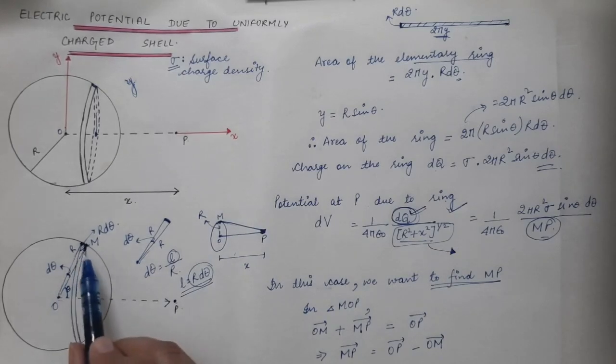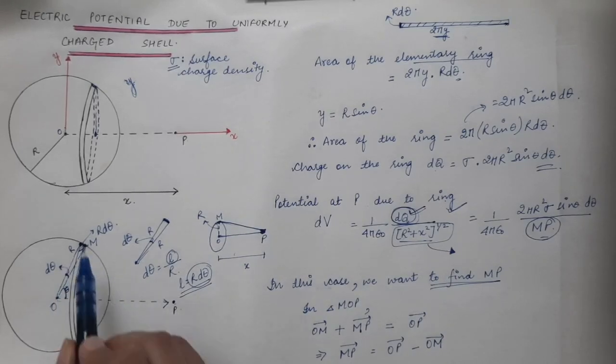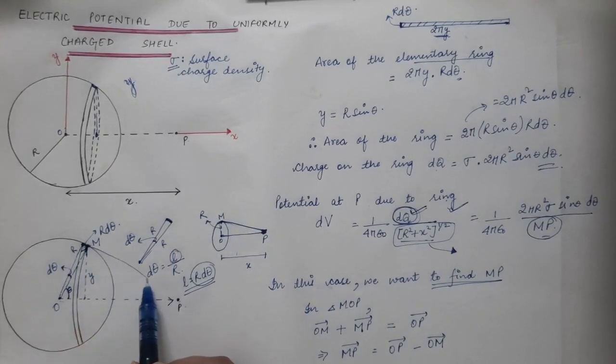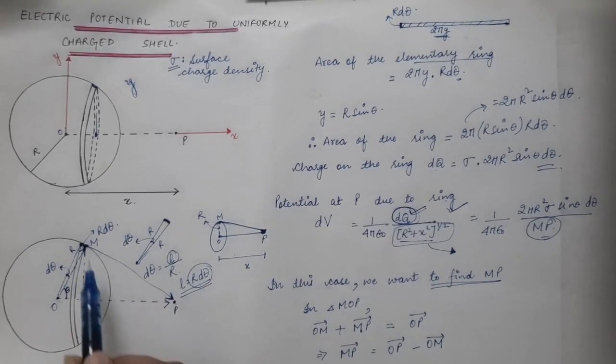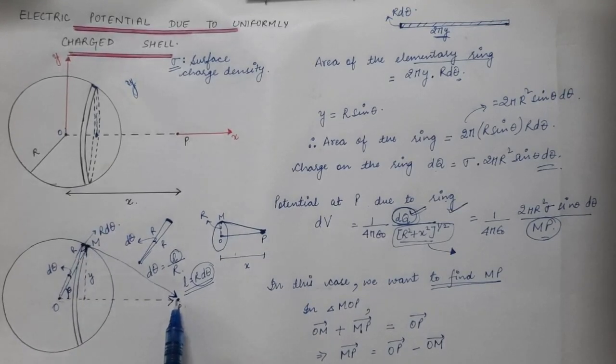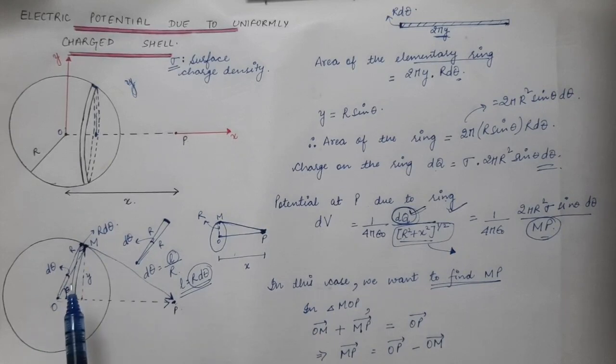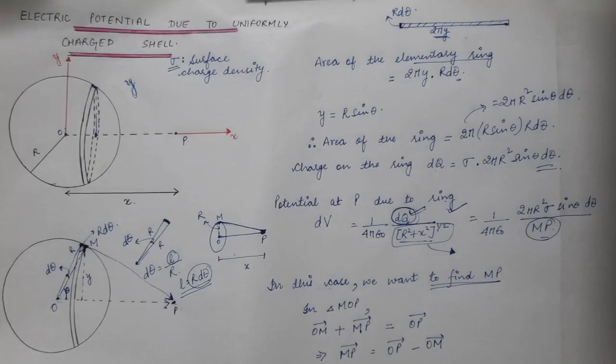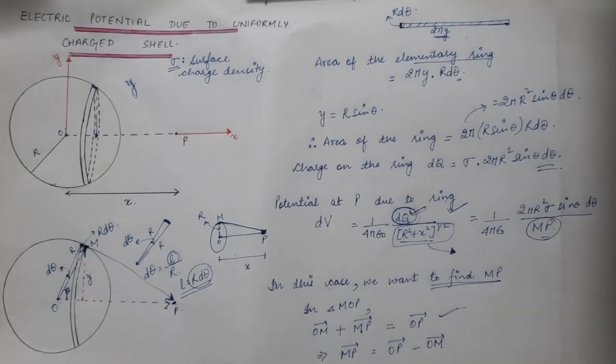So in this triangle OMP, if you consider the MP vector pointing from point M towards the observation point, you can write, using the triangle law of vector addition, that OM vector plus MP vector will be equal to OP vector.